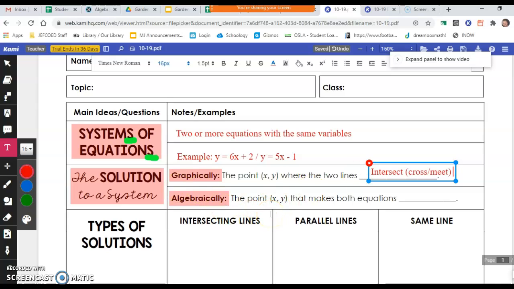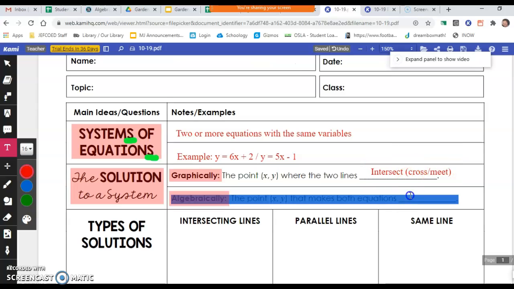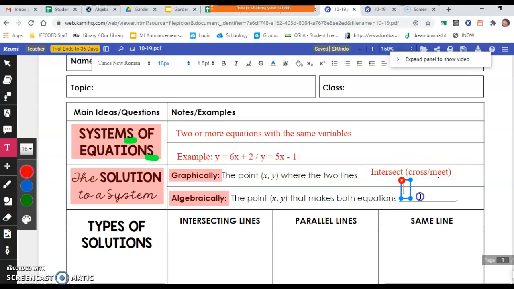Now, algebraically, guys, this is the point x and y, or your coordinate, or your ordered pair, okay, that makes both equations true. Okay? So, it makes both equations true. So where you take your value for x and you take your value for y and you substitute those in, it gives you a true answer.